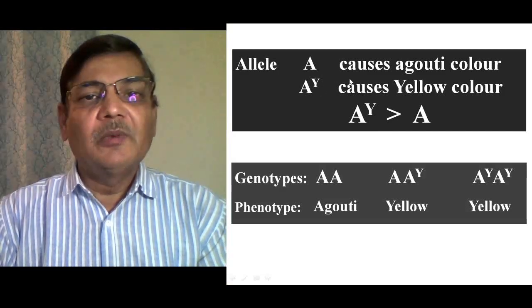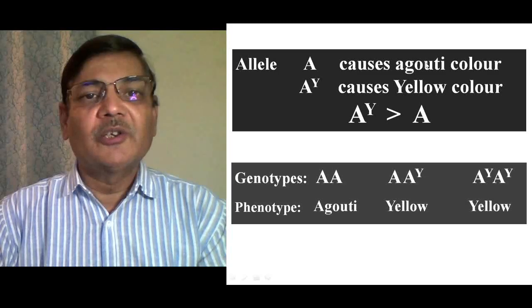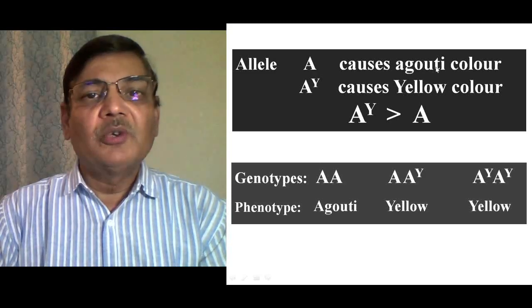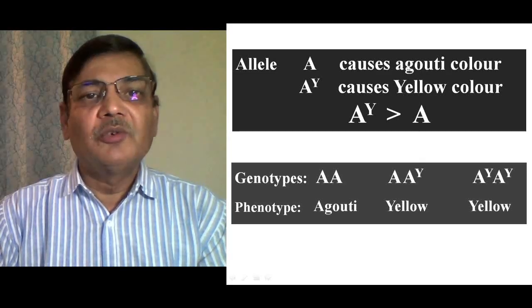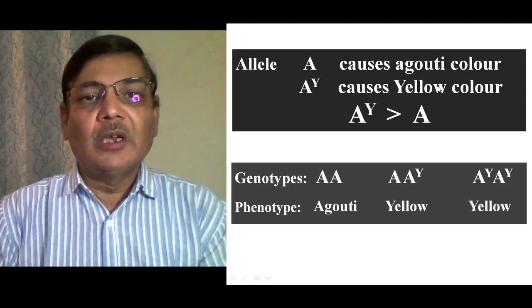For this purpose, I am giving the example of agouti coat color in mouse. This is one of the classical examples in which Cuénot explained the inheritance pattern of coat color in mouse. In mouse, two types of individuals are there. There could be agouti, which possess brownish coat color, and others could be yellow coat colored.